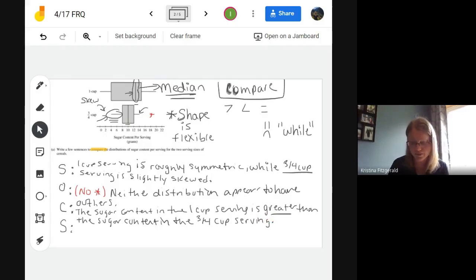And that gives you this comparison. You don't even have to put the numbers, you just have to accurately compare the two, and you have to have the words "greater than." Absolutely have to have that. Any questions about that one before we do the shape?